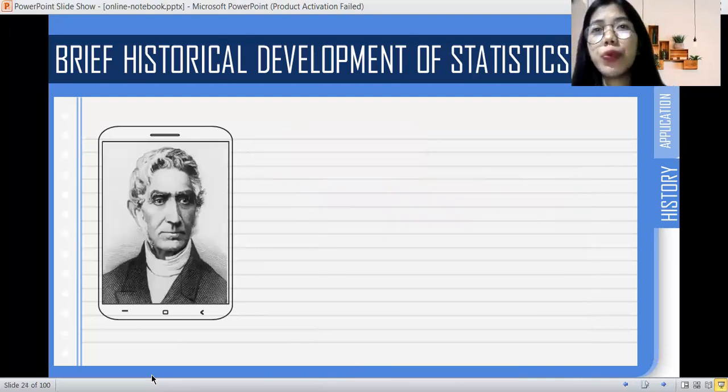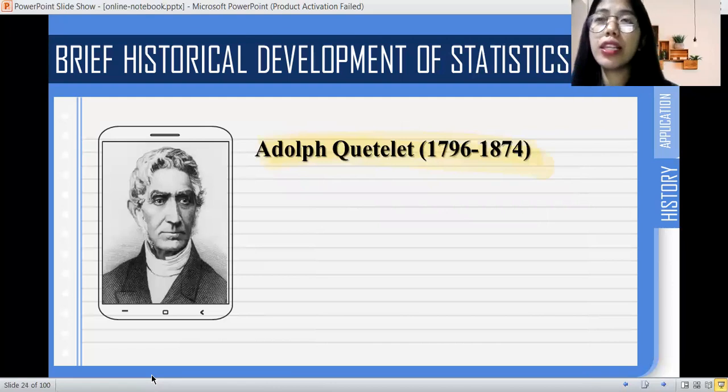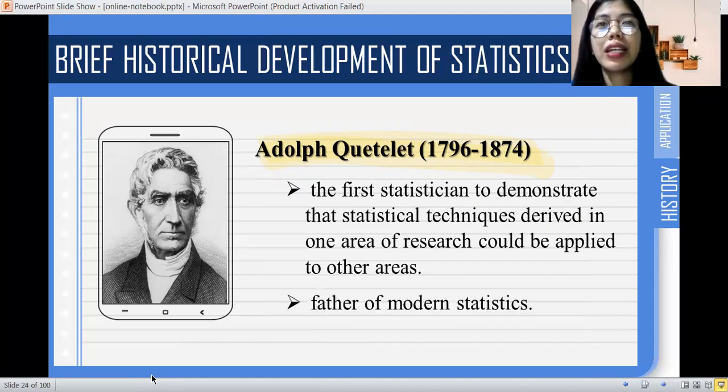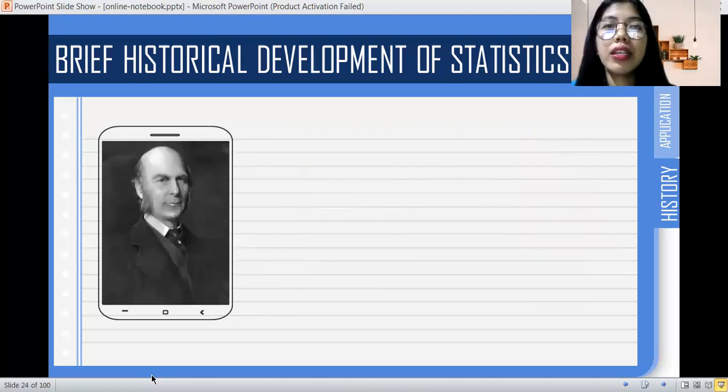So, next key person, we also have Adolf Quetelet, na nabuhay between 1796 to 1874. He is the first statistician to demonstrate that statistical techniques derived in one area of research could be applied to other areas. Ayan po. Kaya siya tinawag na the father of modern statistics, si Adolf Quetelet.